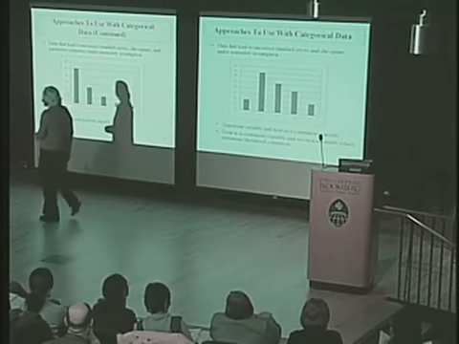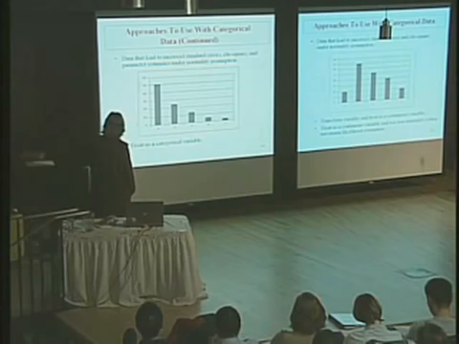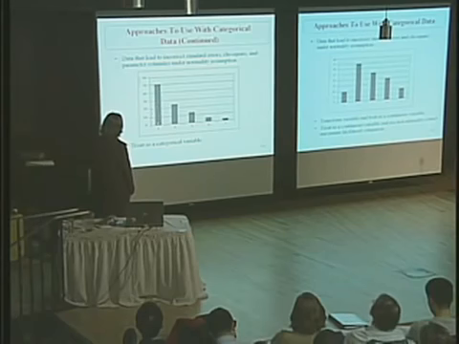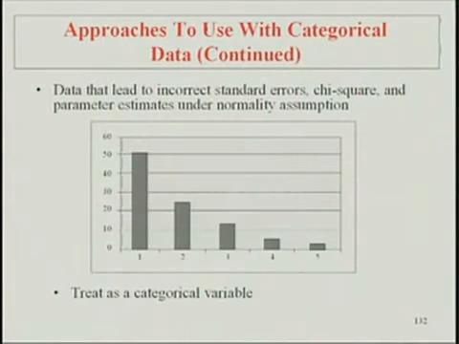Okay, and we have the same problem here. We're going to have incorrect standard errors, chi-square, and parameter estimates under normality. But in addition, we have a situation where we have piling up at the lowest category, and no transformation, no non-normality robust estimator can help you in this situation.